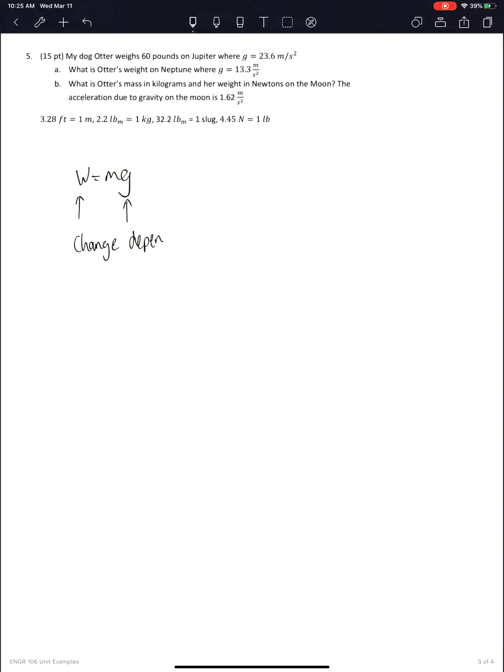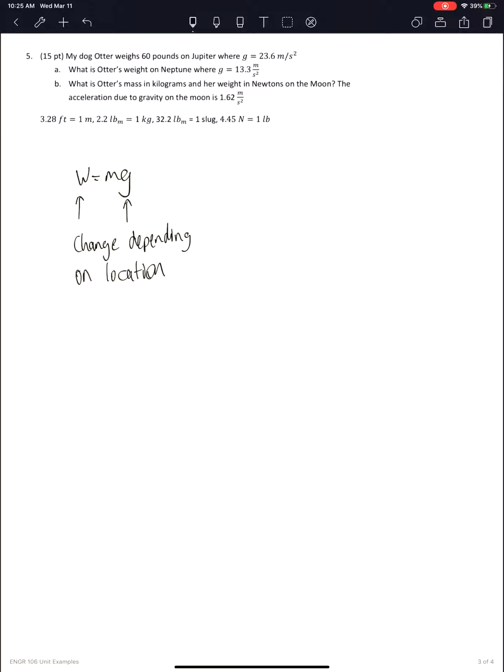depending on your location. So as I talk about taking an object and moving it around and doing this calculation, it's the mass that remains consistent. Mass is just a measure of how much matter you are made up of, and weight is a measure of how strongly the gravitational force is pulling on you.